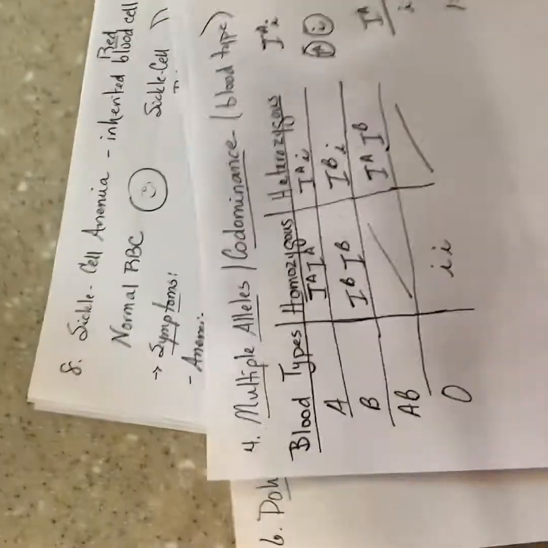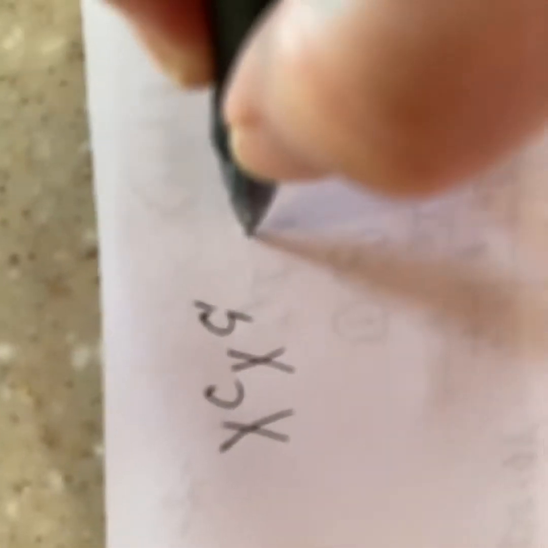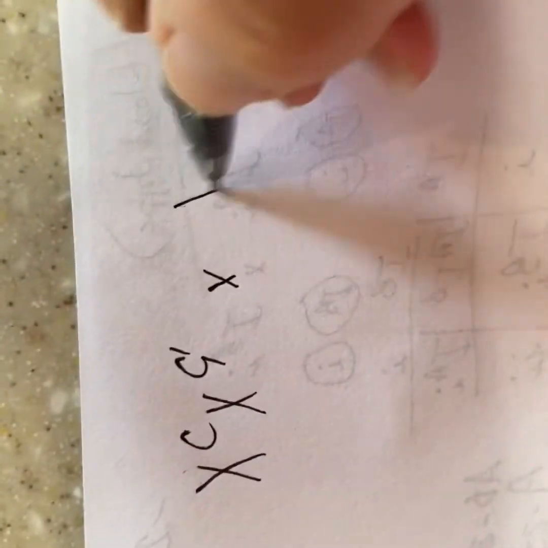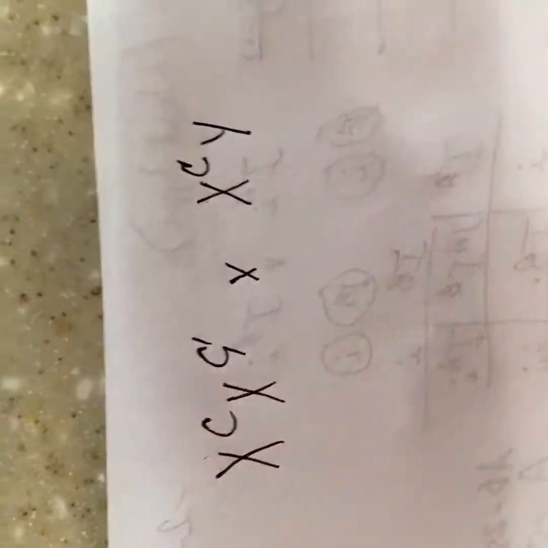Okay? So let's do a cross. Excuse me. Let's suppose that you have a woman who is a carrier, okay, who marries a normal man.